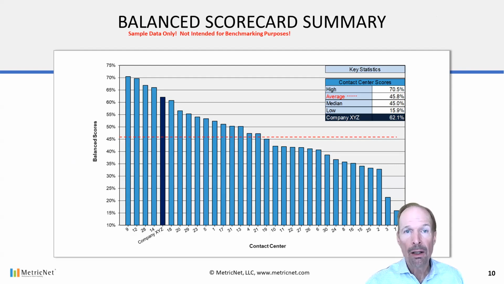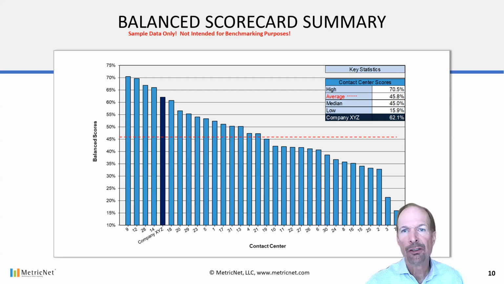Keep in mind that all of these bar charts are organized from left to right, good to bad. The better performers are on the left of the chart, while the weaker performers are on the right of the chart. The numbers on the x-axis are contact center designators. We know who these contact centers and companies are, of course, but we don't disclose their names. The red dashed line that goes horizontally across the chart is the average of the data points.